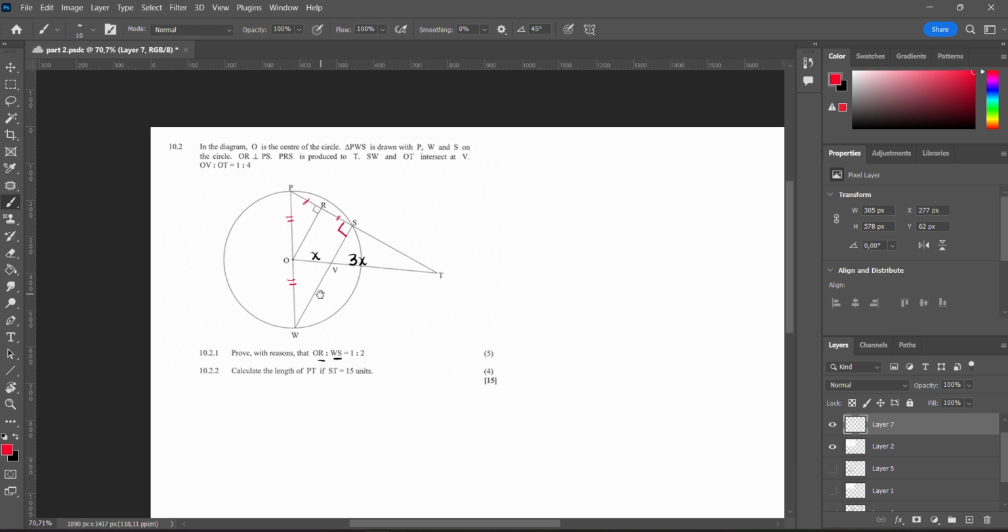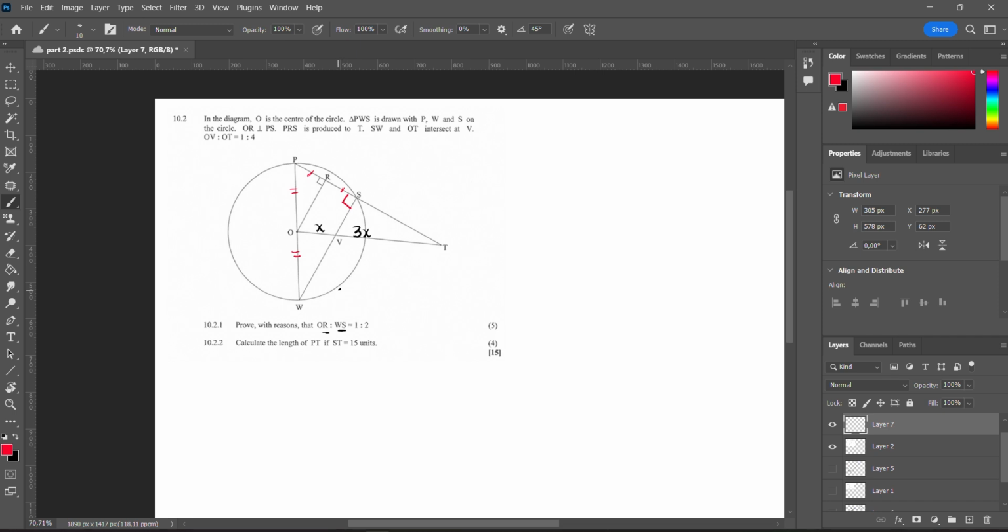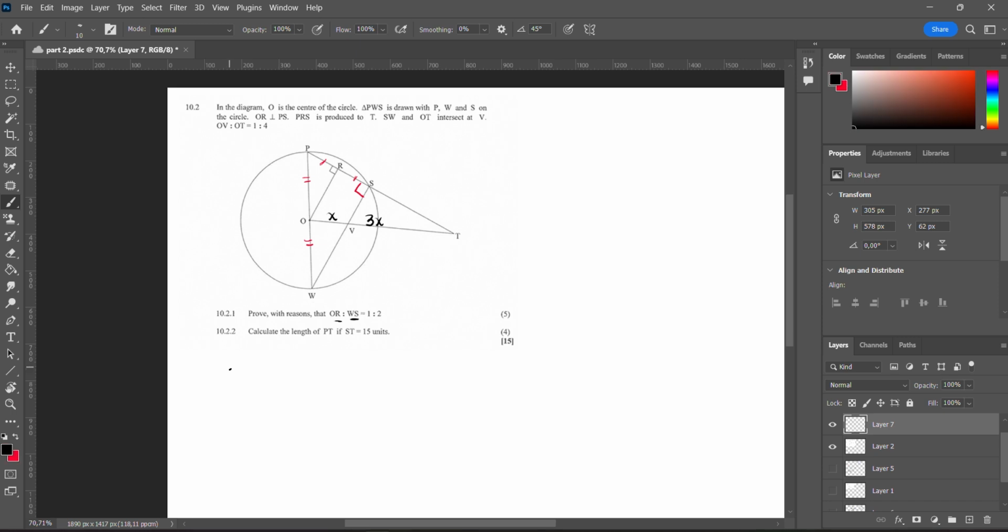So I'm going to focus on the two triangles, and we're going to use similar sides. So we know that PR equals RS, and this is a chord subtended by a radius at 90 degrees.